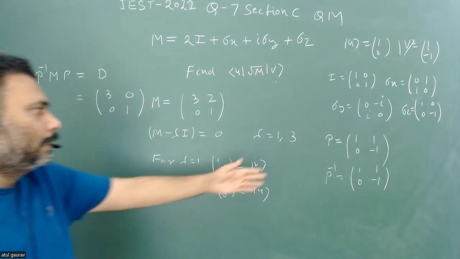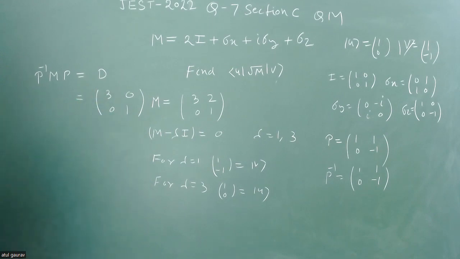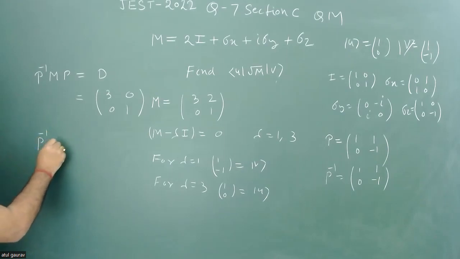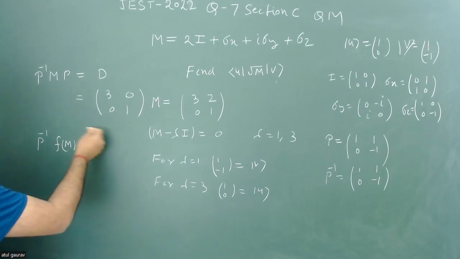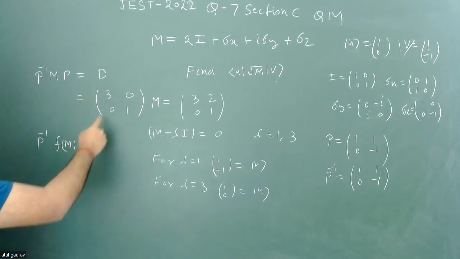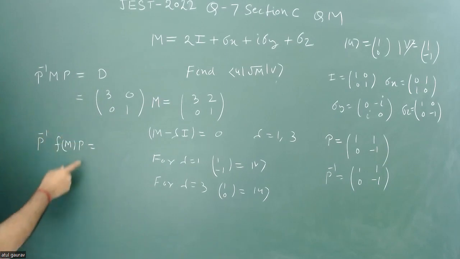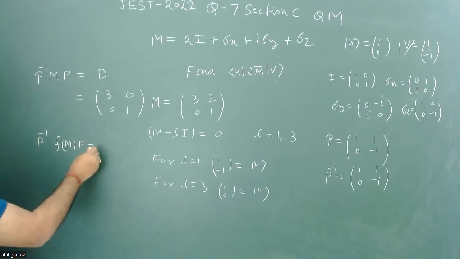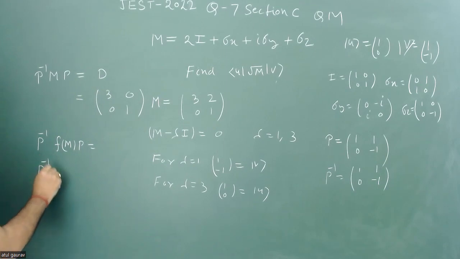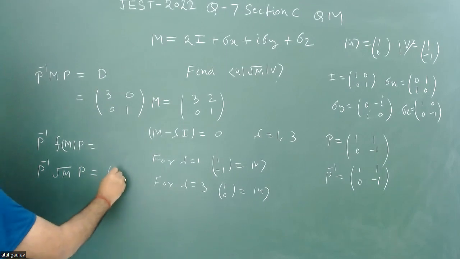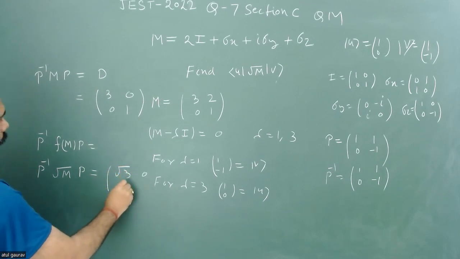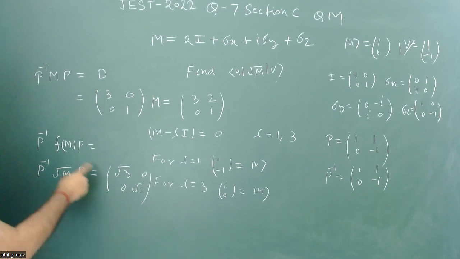Now, if this happens, then we can write P inverse times any function of M times P also in diagonal form. So this value is equal to P inverse root under M P, which can be written as root 3 0 0 root 1. So this is my equivalent matrix.